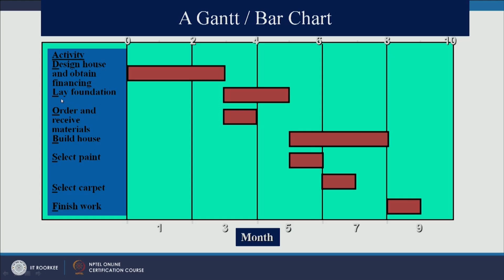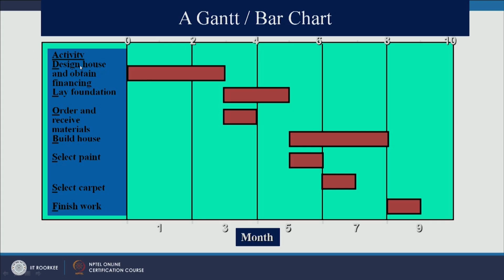The second activity is lay foundation. The third is order and receive materials, right. So you are constructing a house and these are different activities, right. So designing house, lay foundation, order material, build house, select paint, select carpet and finish work, right. So total there are 6 activities, right.